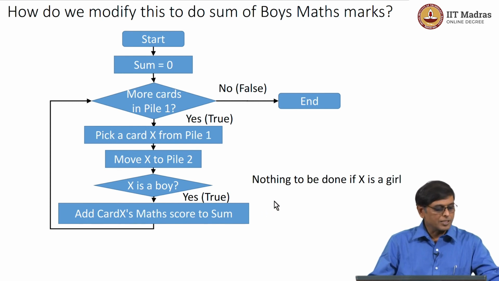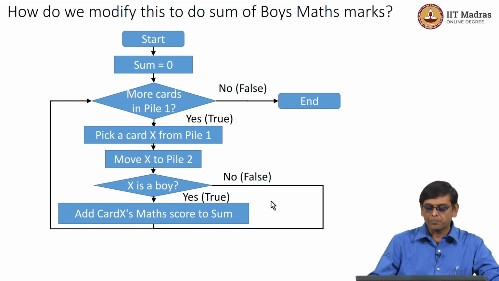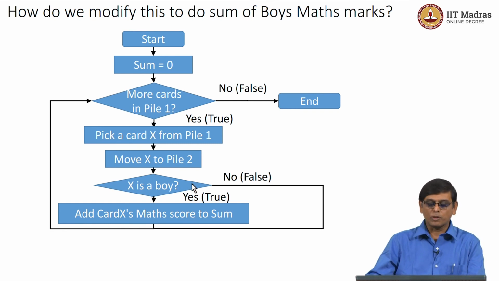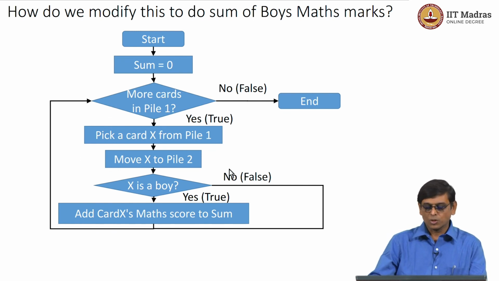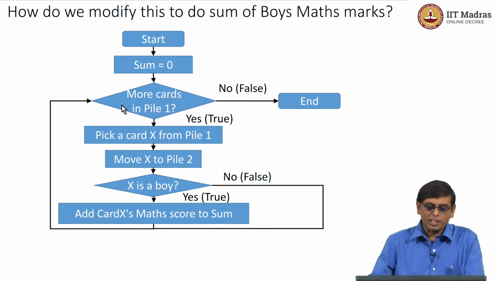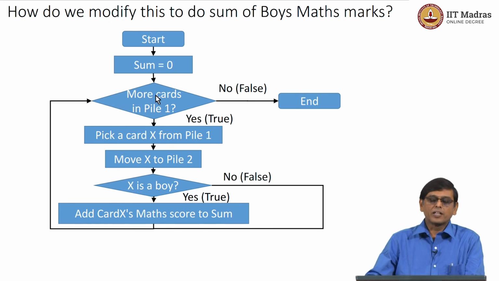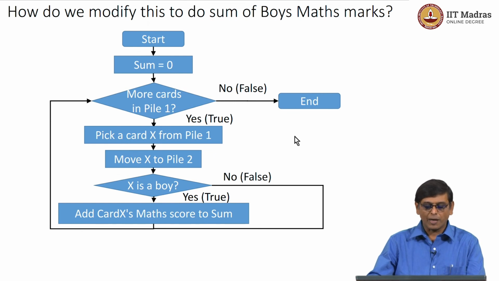The way to do that is to write no on the condition, that is when the condition turns out to be false, that is X is not a boy, which means X is a girl, you just have an arrow which goes all the way back like this to this decision box. So, you are just skipping adding maths to sum and going back to the beginning of the iteration, which, if you remember, is checking whether there are any more cards in pile 1.